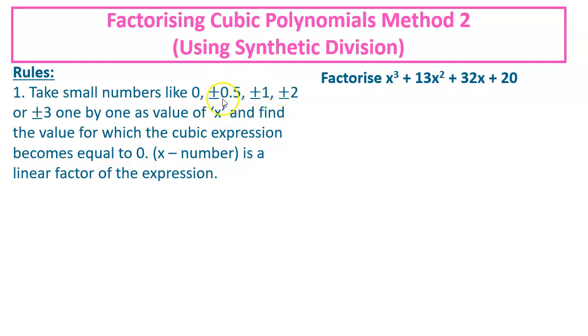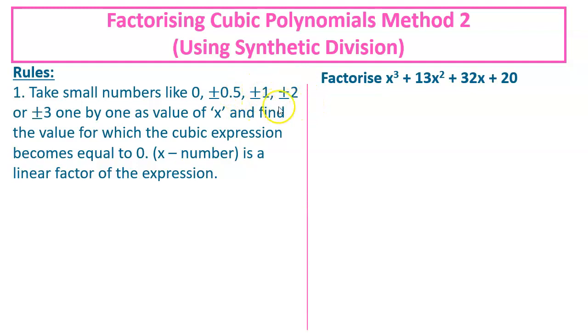You may take plus minus half after 0, but I deal with the integers first, and if I cannot find any number which gives the expression value 0, then only I move to the fraction part. So I'll be doing exactly the same thing over here.